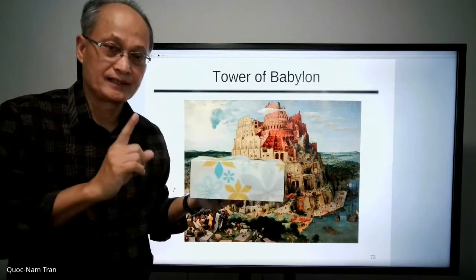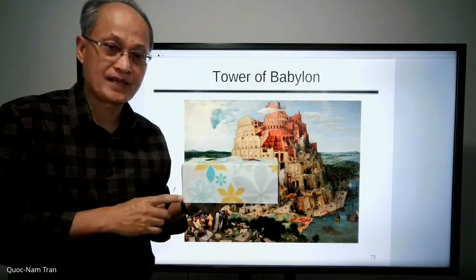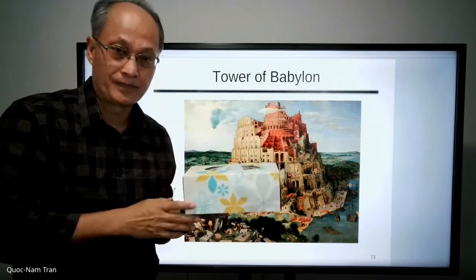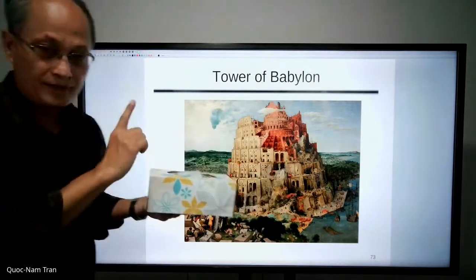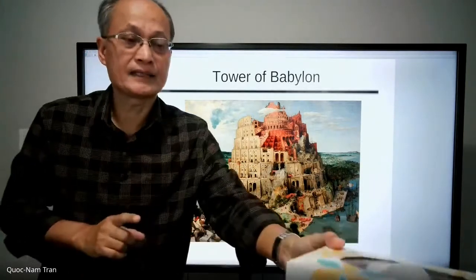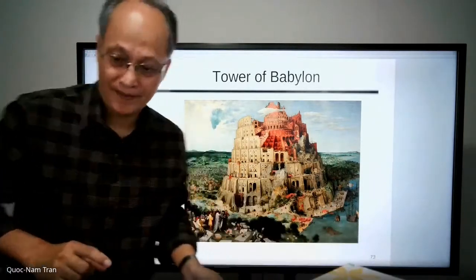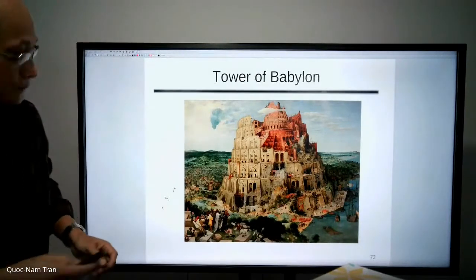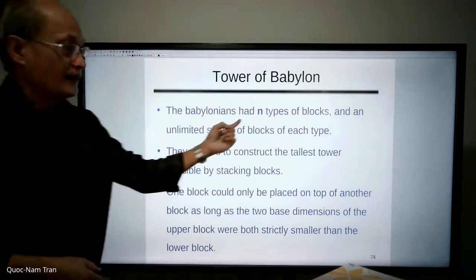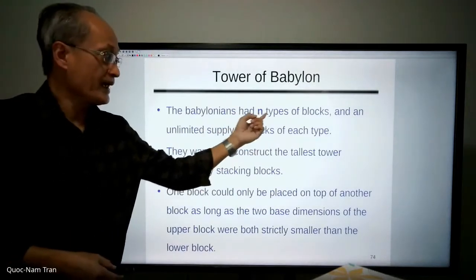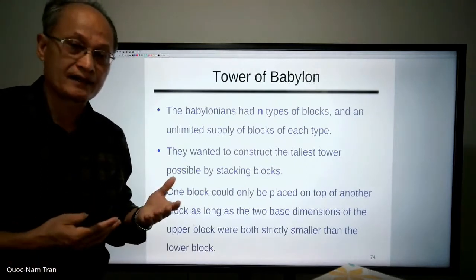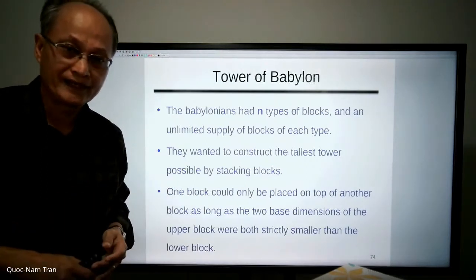That is the input sample we have in the problem, right? The first input sample has only one type of block. Now in general, we can have n types of blocks, where n is less than or equal to 30, right?